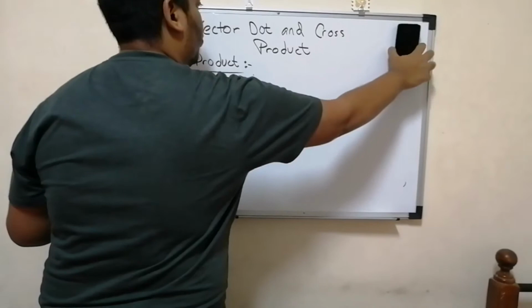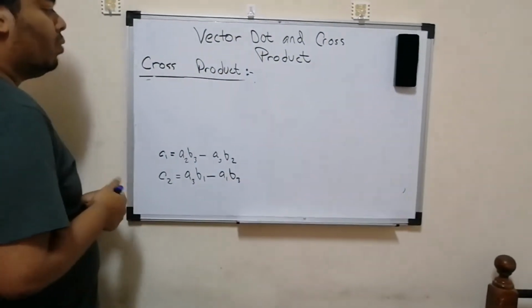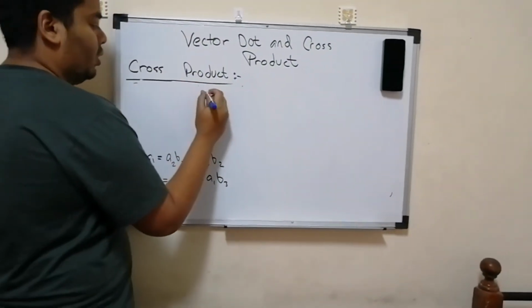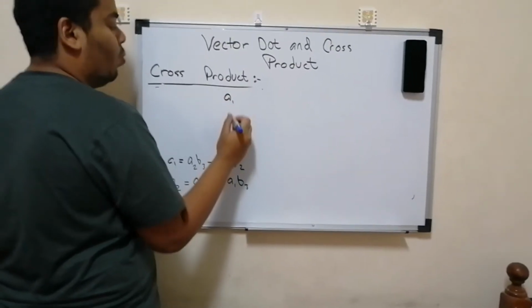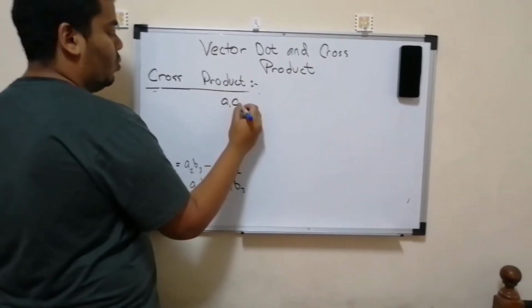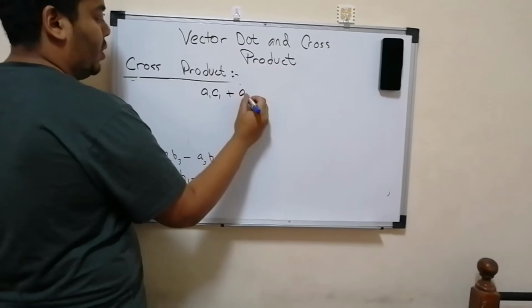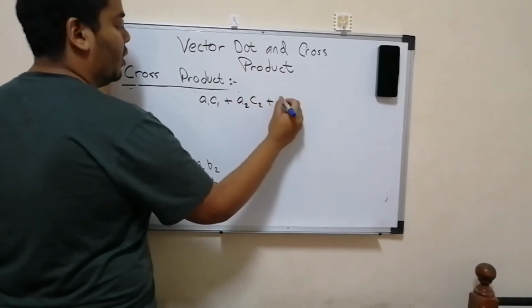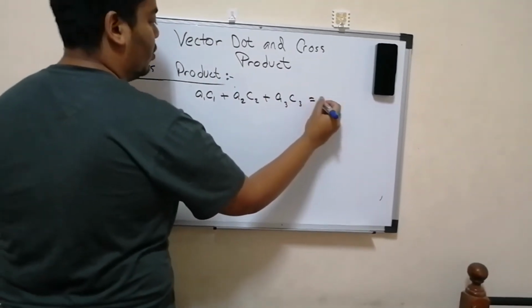From our equation 1, if we substitute, our equation 1 was actually A1 C1 plus A2 C2 plus A3 C3 is equal to 0.